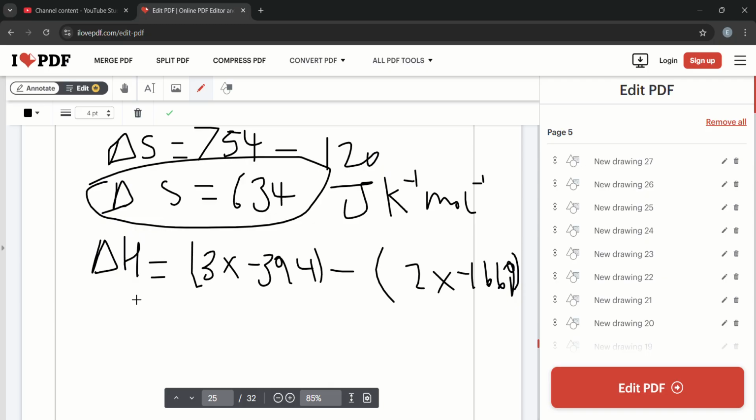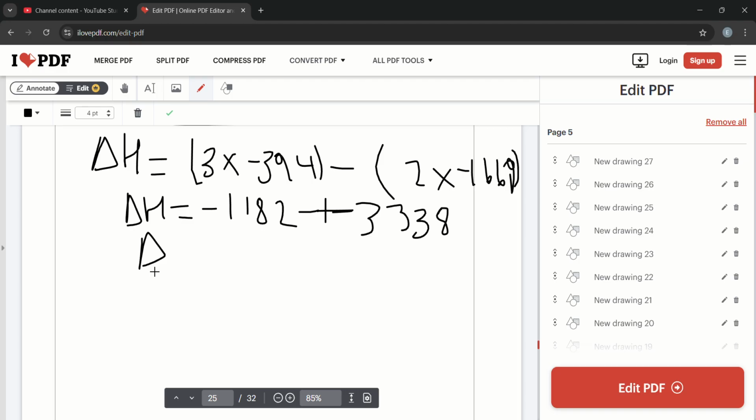So therefore delta H equals 3 times minus 394, minus 2 times minus 1669. That's minus 1182 minus minus 3338. 2 negatives become a positive, so we're left with delta H equals minus 1182 plus 3338, 2156. And that unit is kilojoules per mole to the power minus 1.